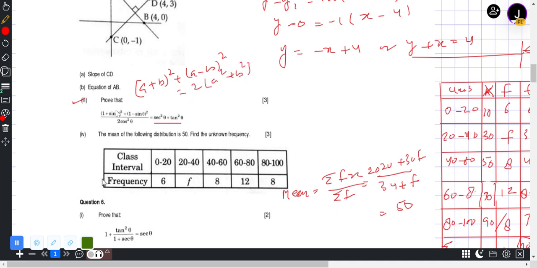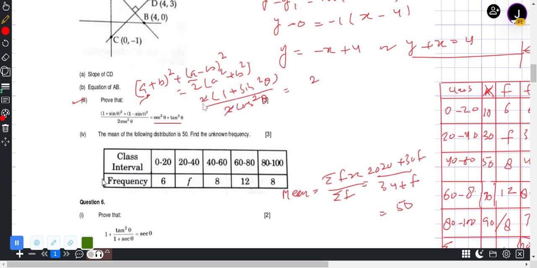So presuming a is 1 and b is sine theta, we have (1 plus sine theta) whole square, which is (a plus b) square, and (1 minus sine theta) whole square, which is (a minus b) whole square. So the numerator becomes 2 into (1 square plus sine square theta) over 2 cos square theta.